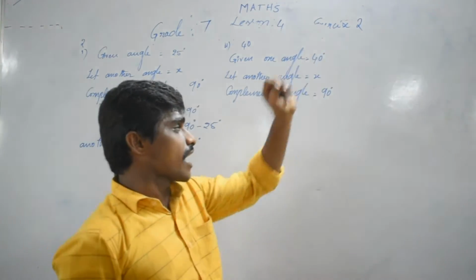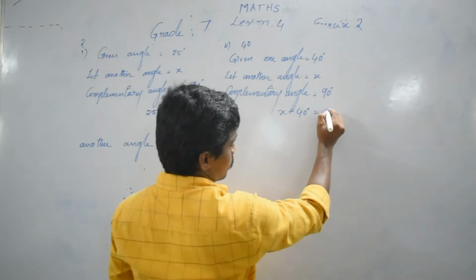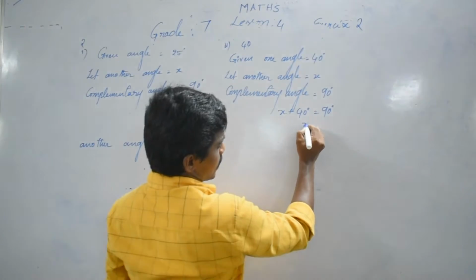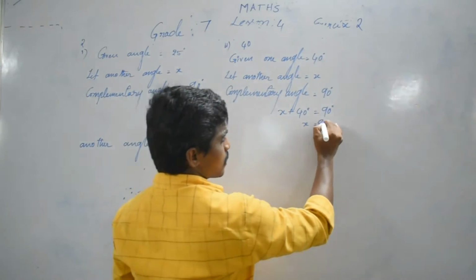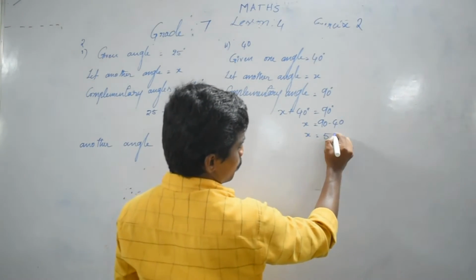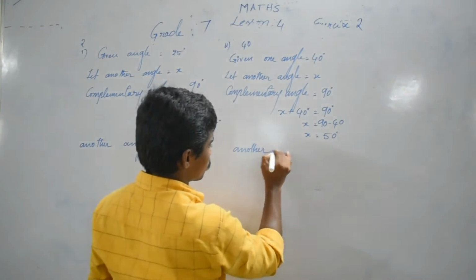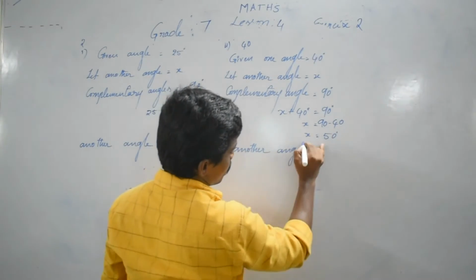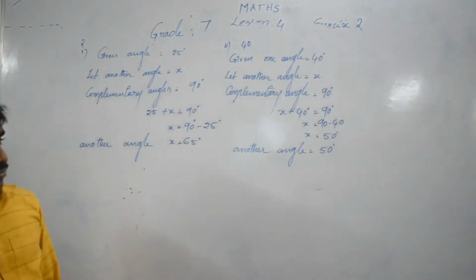Two angles we are adding. So x plus 40 is equal to 90. X equal to, 40 moving to RHS, 90 minus 40. X equal to 50. So the other angle is 50 degrees. Next one, third one.